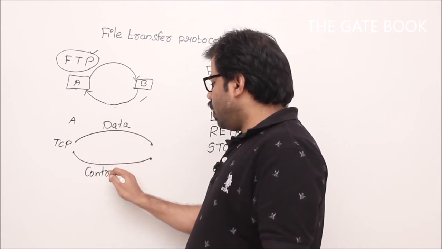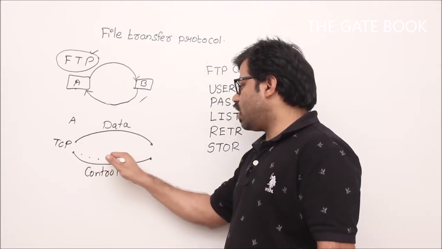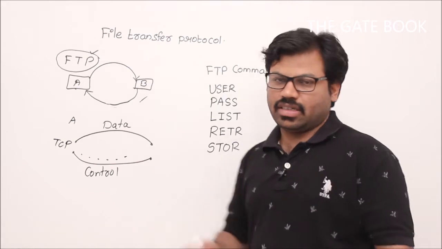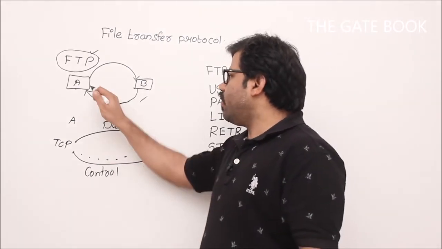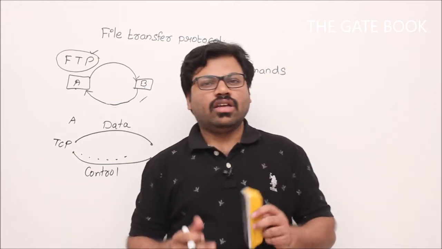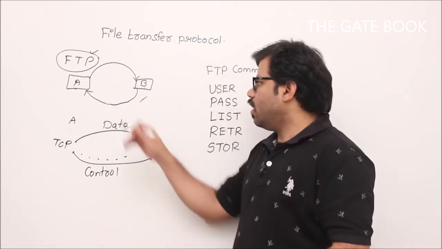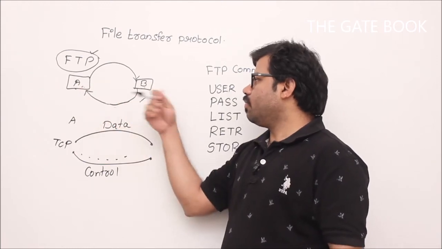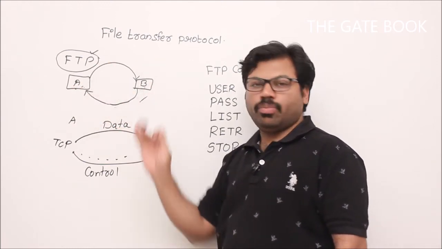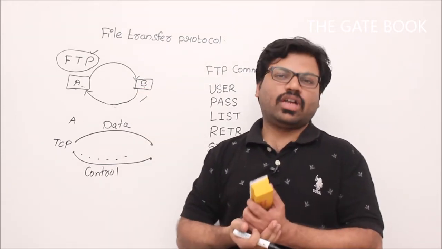In the control connection, we are going to exchange usernames and passwords, that is authentication. Why? Generally, whenever you are accessing a file from another computer, you should be a known person to B, correct? That's why A first has to submit the username and password to B, and only then can we access the file of B. That is the way this protocol is designed.